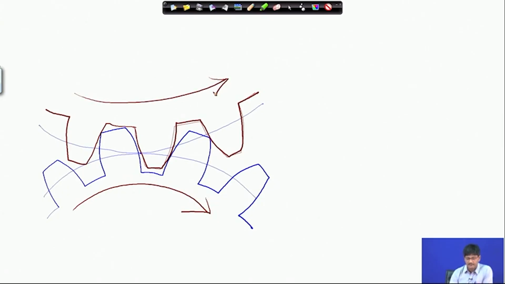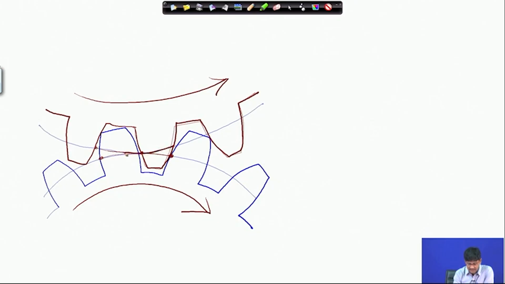And we understand that in order to have this meshing or this interconnection between two gears, on the pitch circumference, this distance from here to here has to accommodate one gear tooth of the other gear, and this distance has to accommodate the gear on the other side.